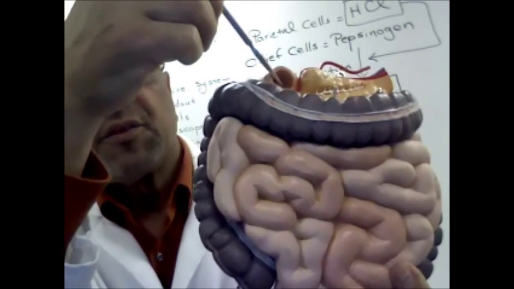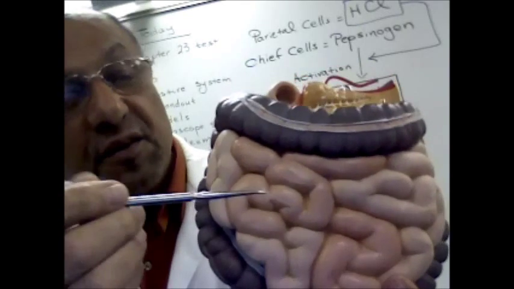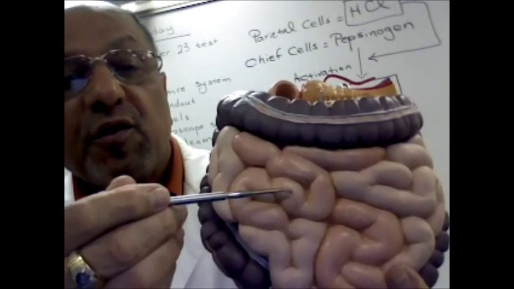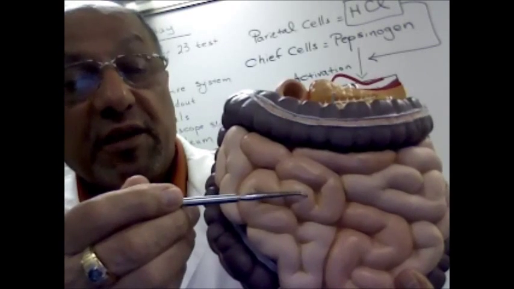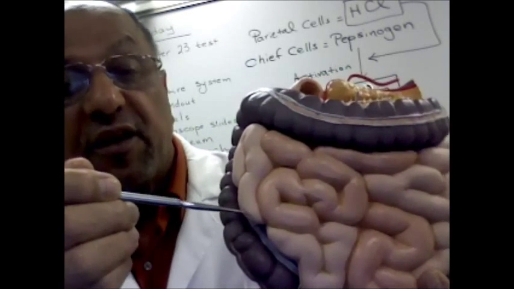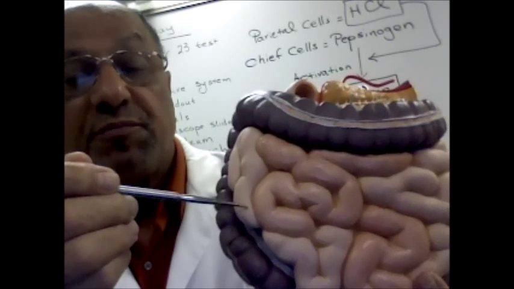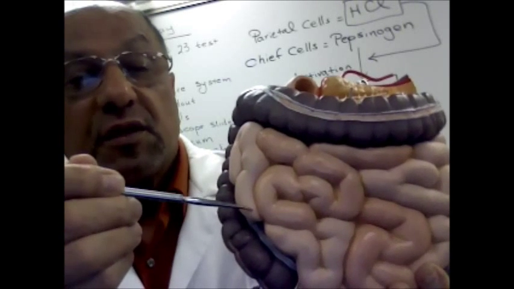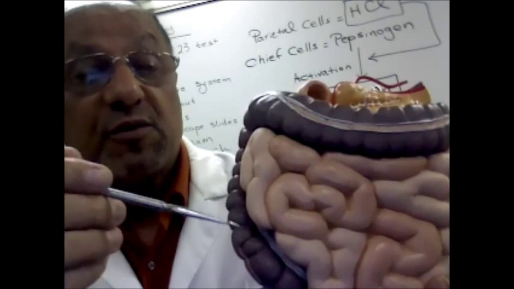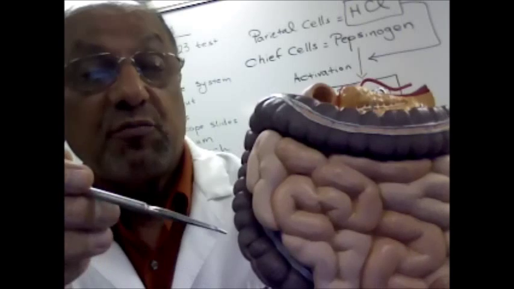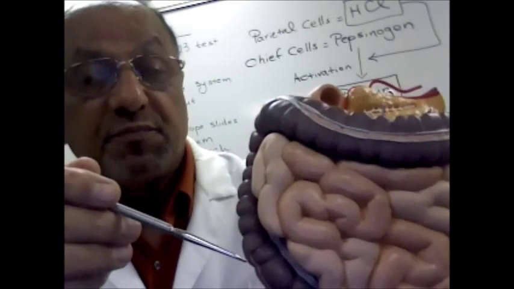The duodenum will lead to this darker area in here, which is the jejunum, and then the jejunum will lead to the lighter area in here, which is the ileum. There are about 20 to 22 feet of small intestine. That includes all three parts, the duodenum, jejunum, and the ileum.